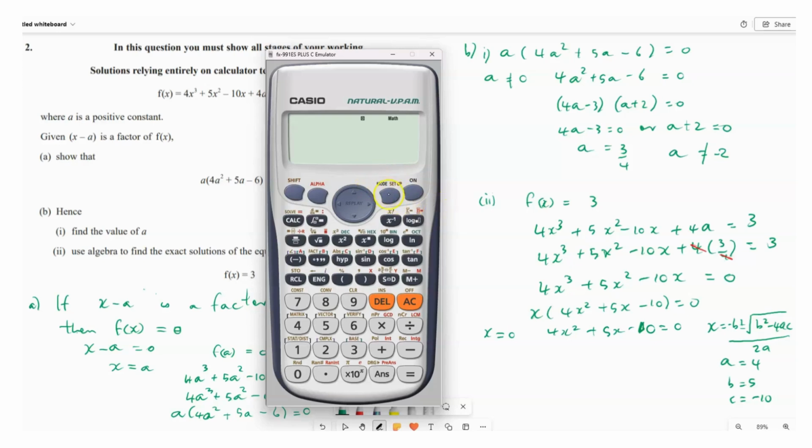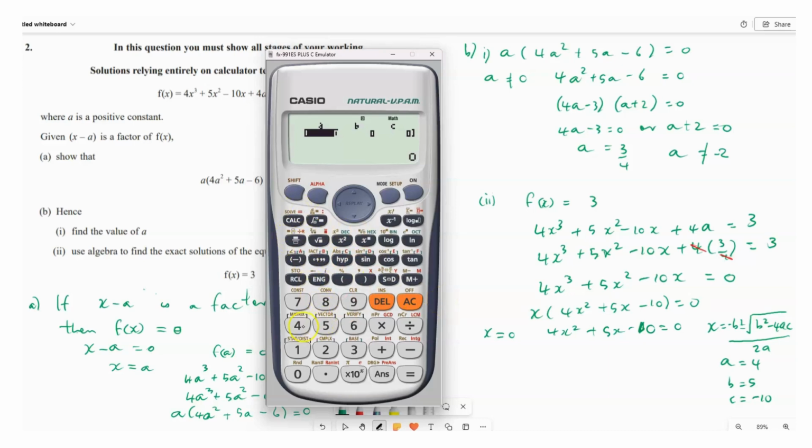So let's do that. First you press mode, and equation is 5, so you press 5 for that one, and you want to look for the quadratic equation, which is ax squared plus bx plus c equals 0, and that's 3. So we're going to input the values of a, b, and c right there.